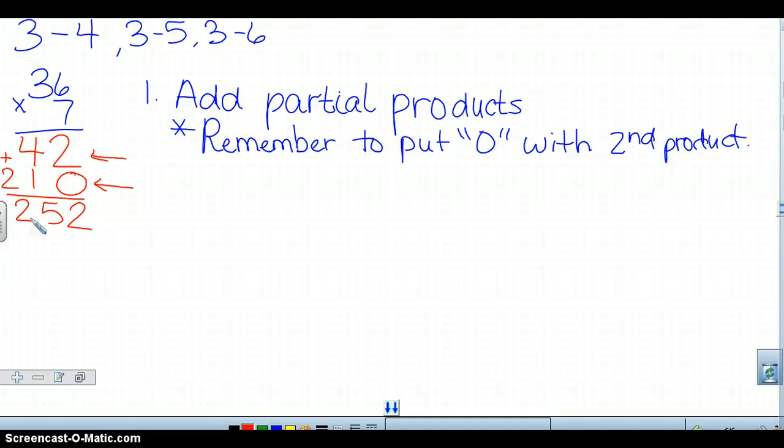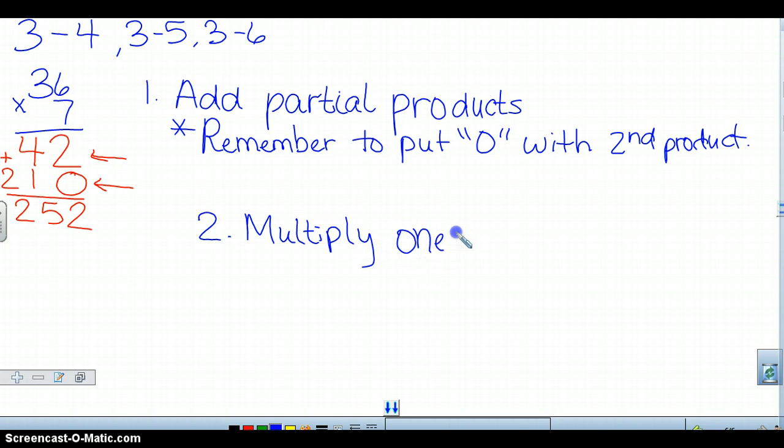So, hold on. The other way we can do it, this second method, is to multiply your ones and tens, and this is probably the way you were taught, and regroup.